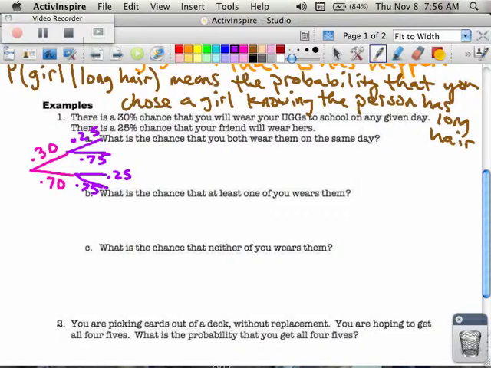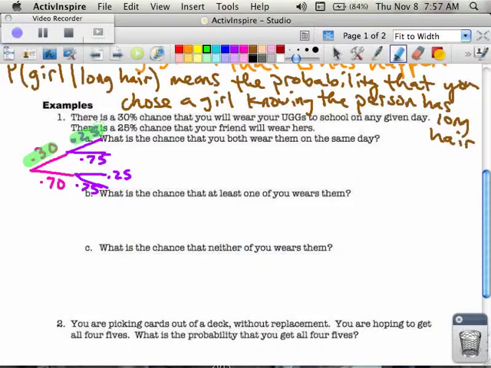And this is called a tree diagram. So you are in the pink, and that's what you do, and then your friend may or may not, whether you do or do not wear yours. The question is, what's the chance that you both wear them on the same day? What that means is you're looking for the path that says you wear yours and she wears hers.